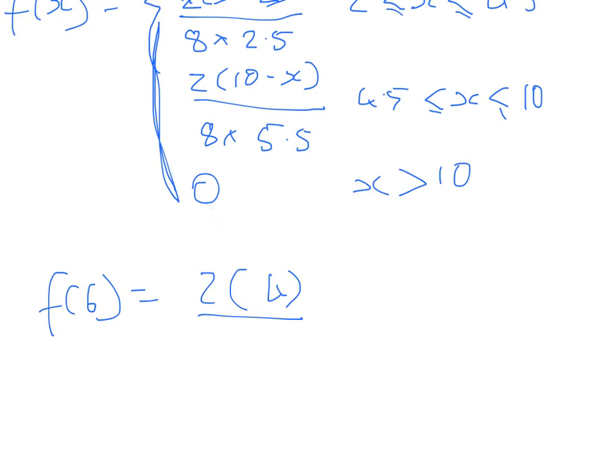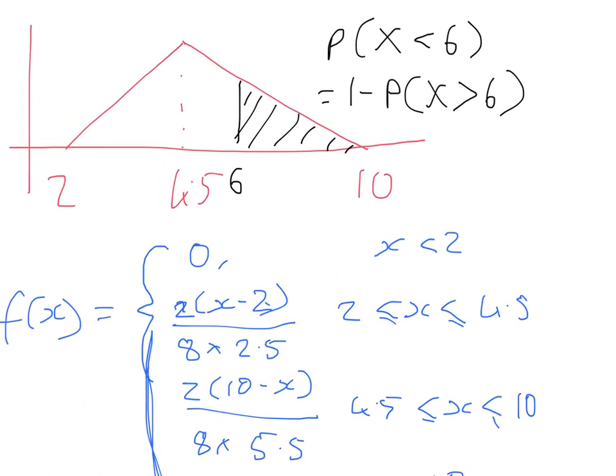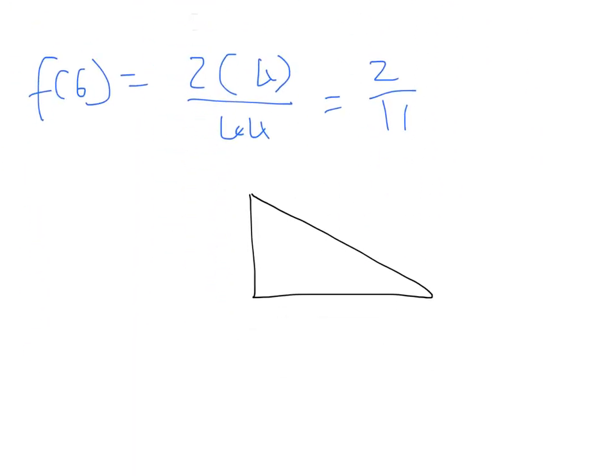It is 44. Right, which is going to be 2 over 11. So then we draw our triangle. We know at the bottom it's 10 minus 6, which is 4. And our height is 2/11.